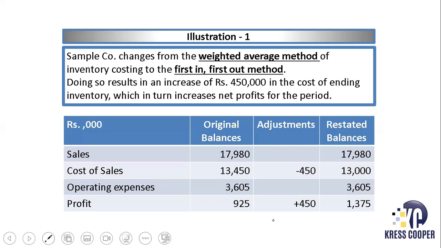So when ending inventory will increase, we know the cost of goods sold will decrease and the profits will increase. Obviously, when the cost of goods sold will decrease, the profits will increase. So these are the line items which are being changed. In the same way, in the current assets, the amount of inventory will be changed.